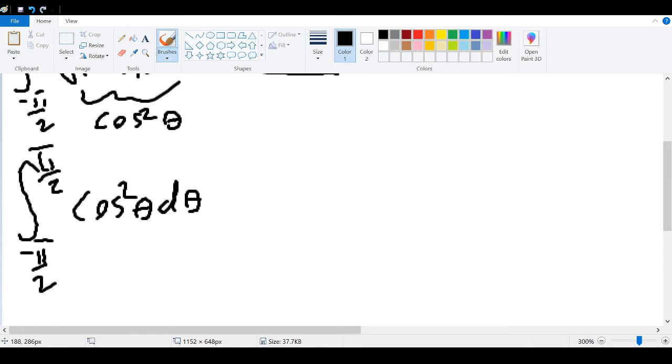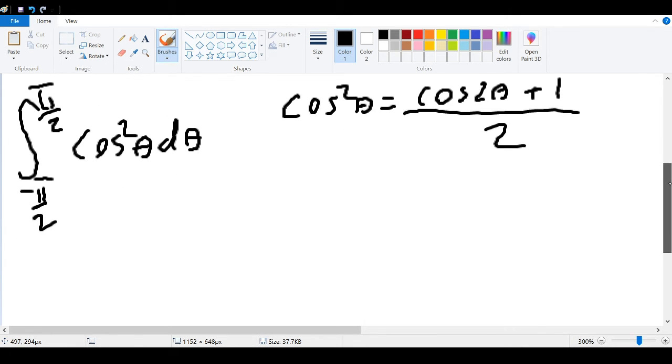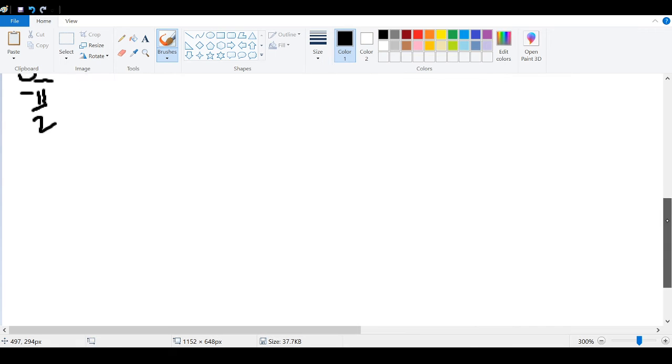And now I'm going to use another trig substitution. This one, cosine squared theta is equal to cosine 2 theta plus 1 all over 2. We do that because that's even easier to integrate than cosine squared theta.